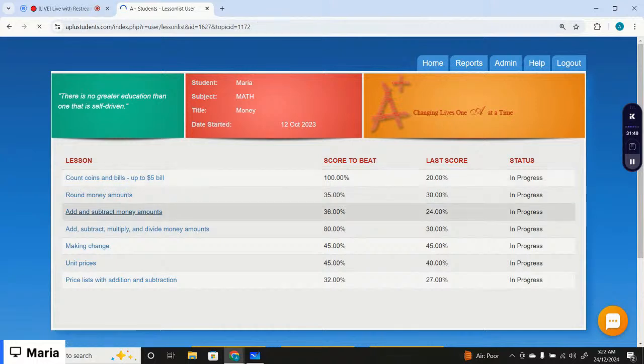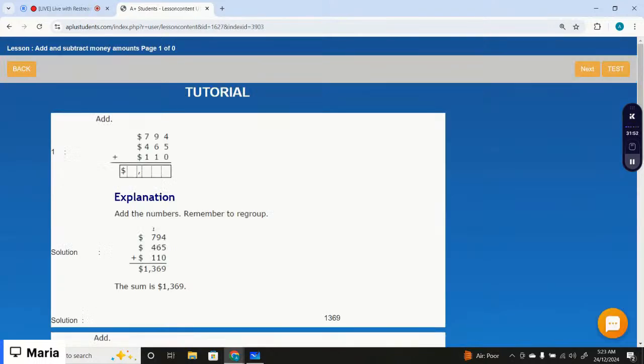The next lesson is add and subtract money amounts. You add the money amounts exactly the same way you add numbers, right?